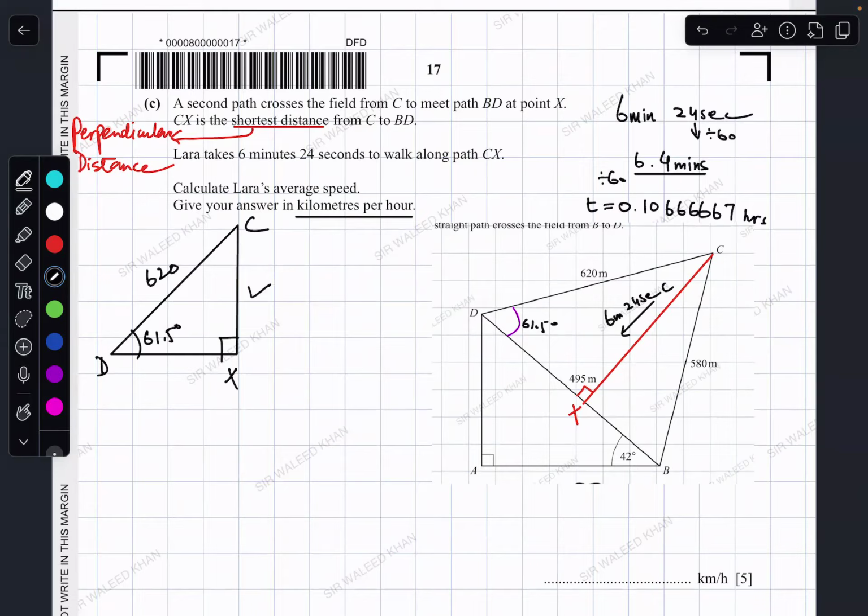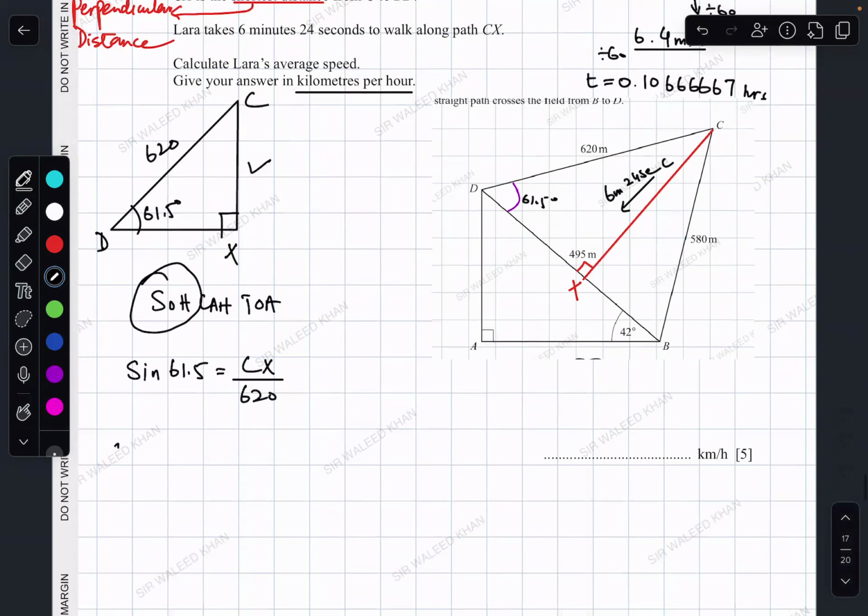For that again, SOH CAH TOA. So we need the opposite and we have the hypotenuse. Okay. So sine 61.5 is equal to opposite CX over 620. CX is equal to 620 times sine 61.5. 544.866 meters.